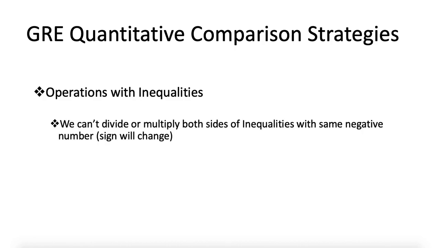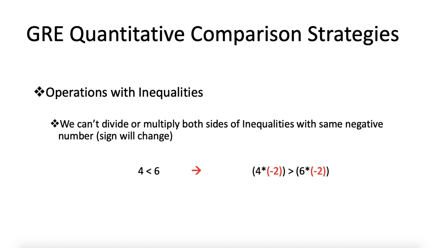Now the next thing, and the real tricky part, is that we can't multiply or divide by a negative number. The reason is, in an inequality, if I multiply or divide by a negative number, the sign of the inequality changes. For example, if I have 6 is greater than 4 and I multiply by minus 2 on both sides, one side becomes minus 12 and the other becomes minus 8, but the sign will change because among negative numbers the one with the smaller absolute value is greater.